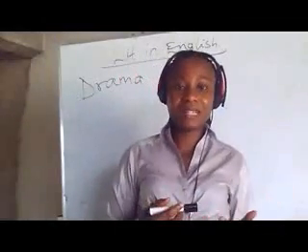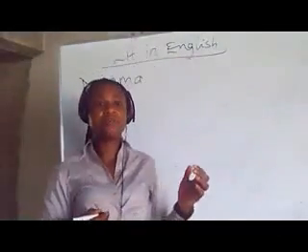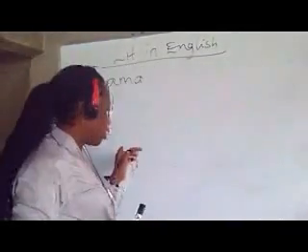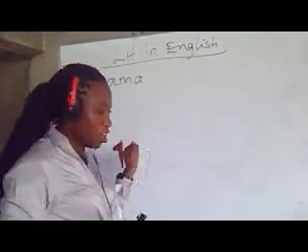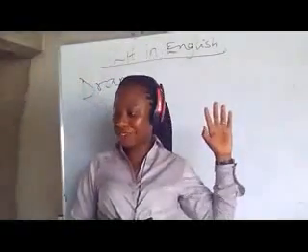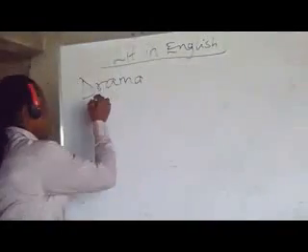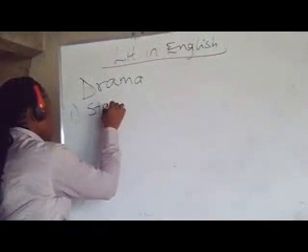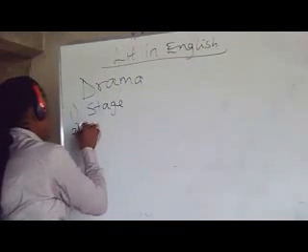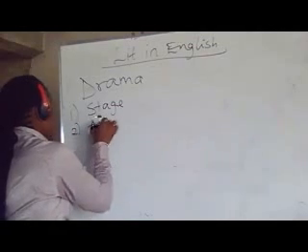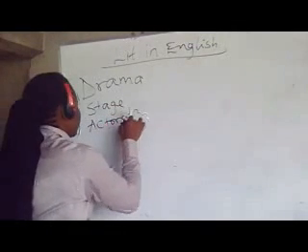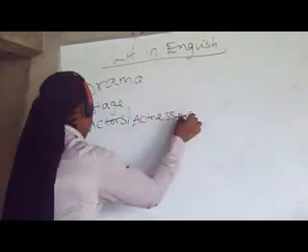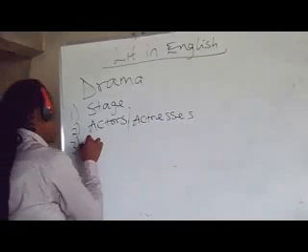A script writer writes the script first before the action is being performed on stage. Now, in drama, we have different features of drama. One, we have the stage, we have the actors and actresses, we have the audience.